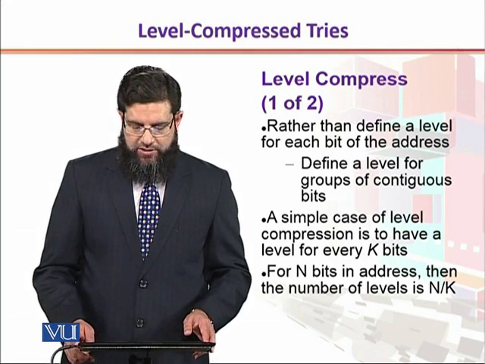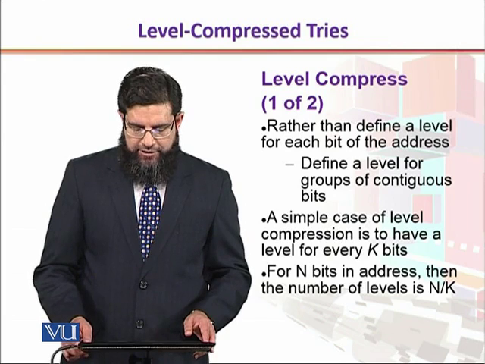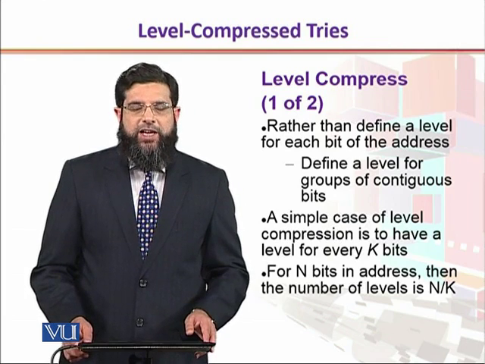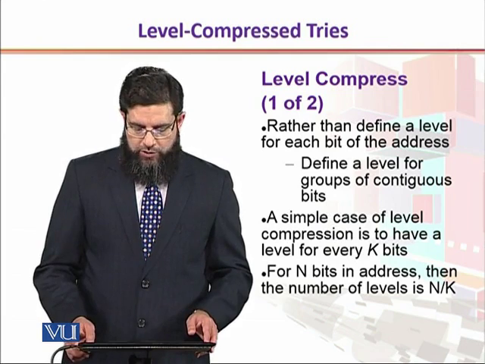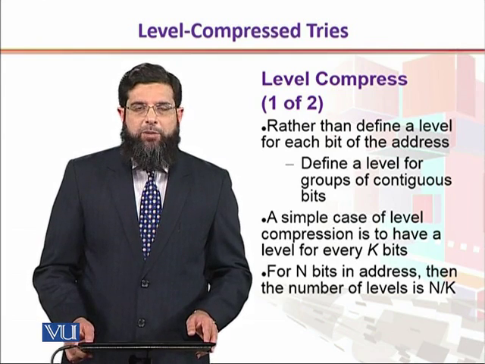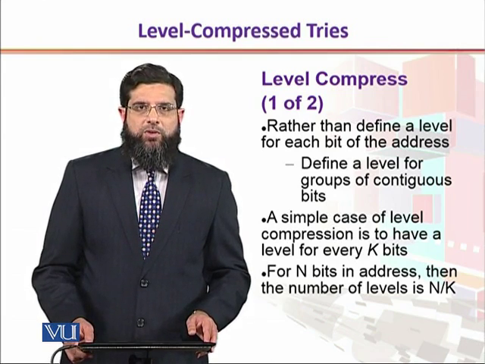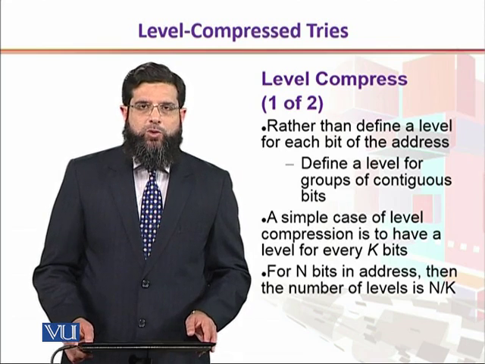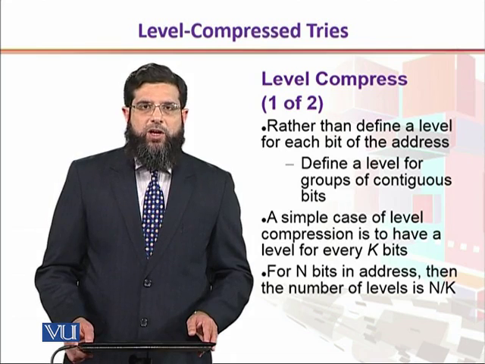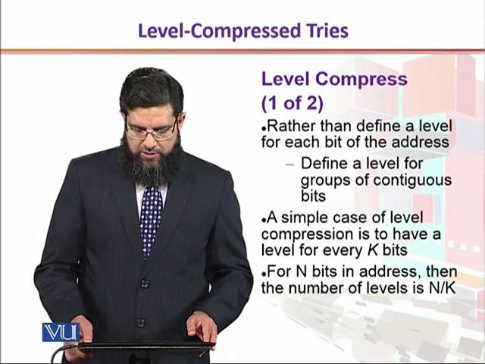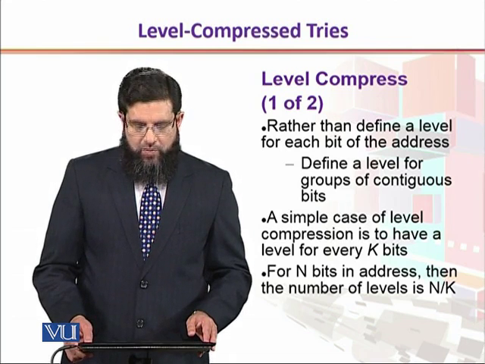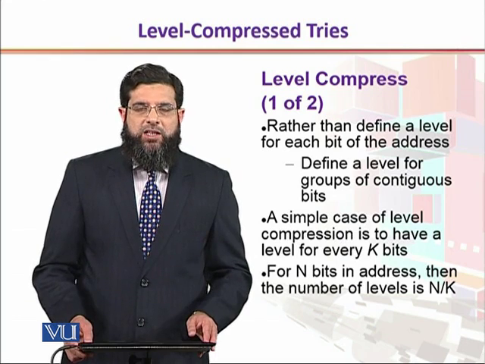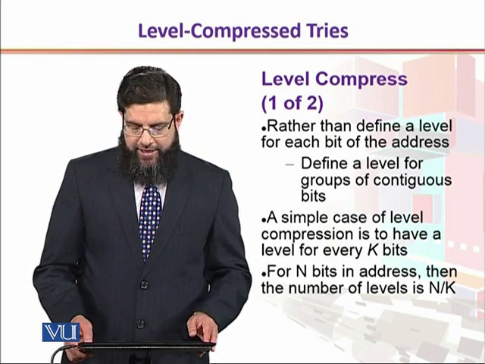As a simple case, if we look at level compression and we say that we are going to make contiguous groups of k bits, in the case of an IPv4 32-bit address, and if k is equal to 4, then we are looking for a tree that has the number of levels as 32 divided by 4, which is 8.